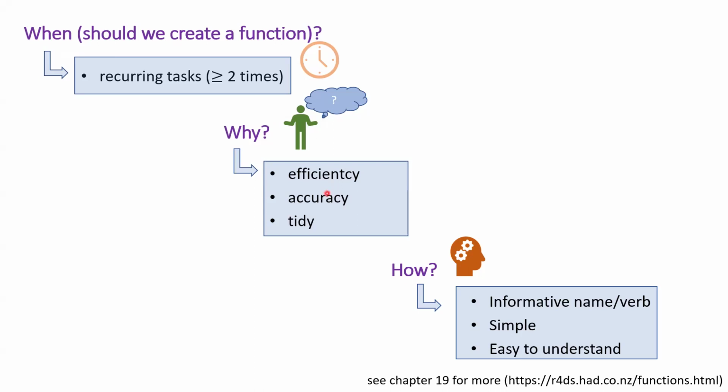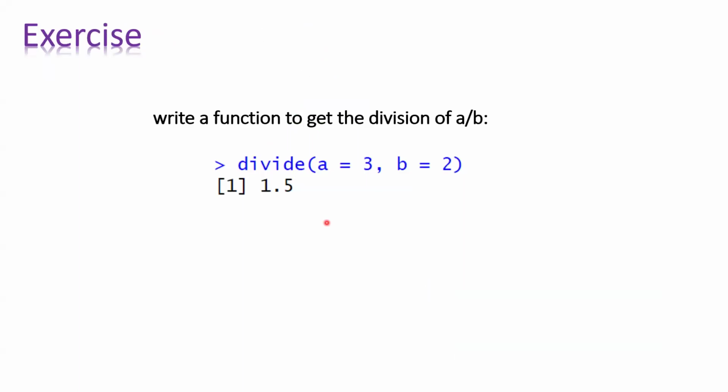And now let's have a very simple example to understand how to create a function and how it works in R. We just need to write a function to get the division of A by B. For example, let's have the function name divide.